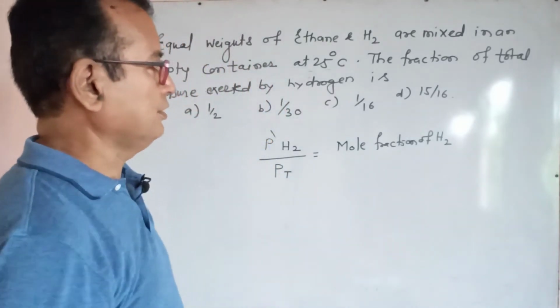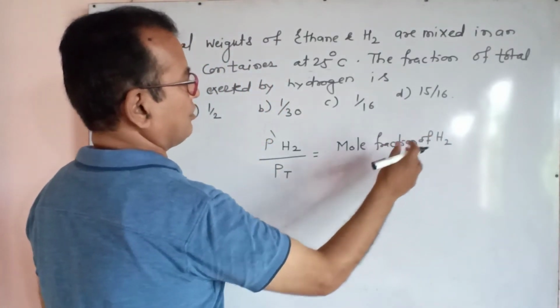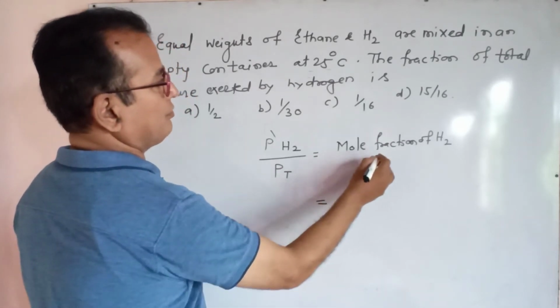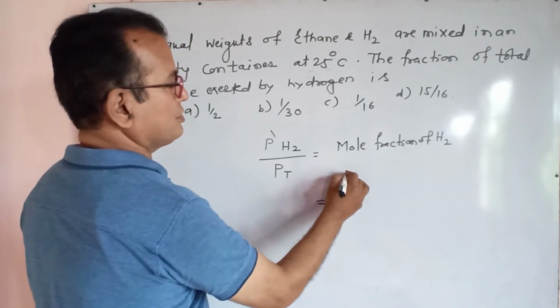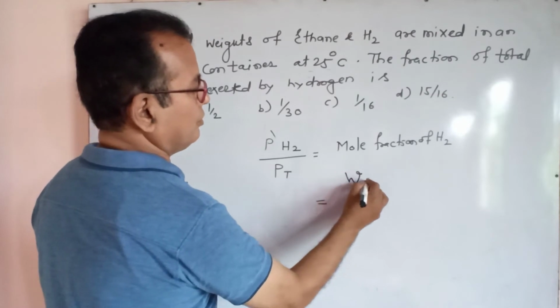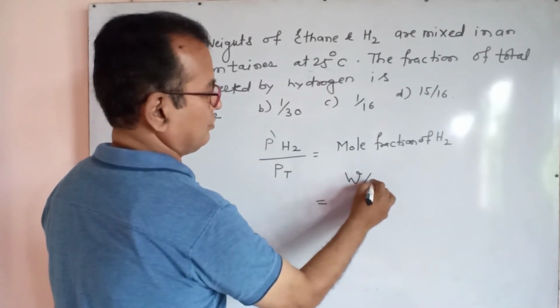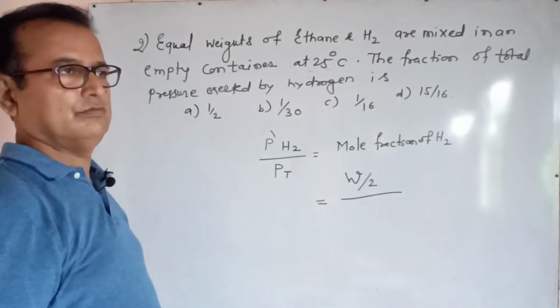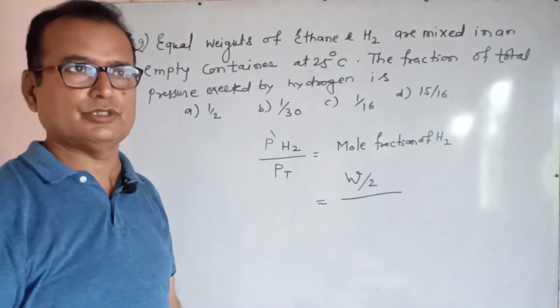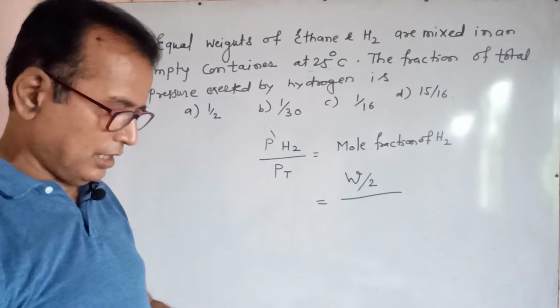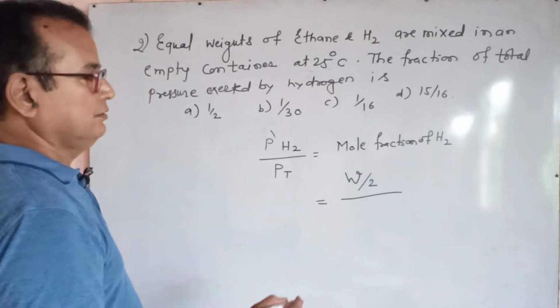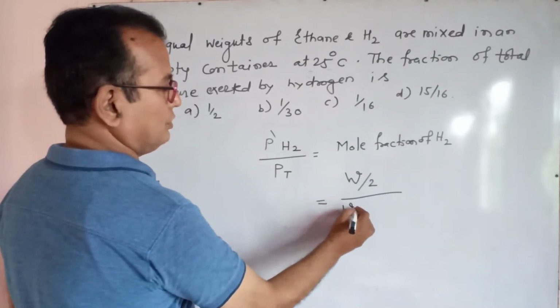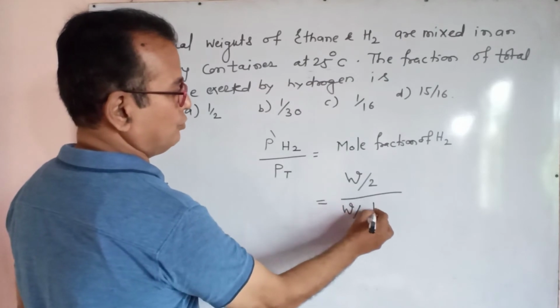Here, the moles of hydrogen are determined by W upon molar mass. The molar mass of hydrogen is 2, so moles of hydrogen is W upon 2.